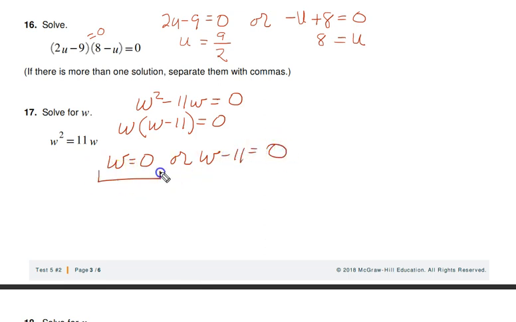So here's one answer, and here's the other answer. And that is correct. Now, if this is 0 and this is 0, it's true. If this is 11 squared, which is 121, then 11 times 11 is 121. So these are both answers.